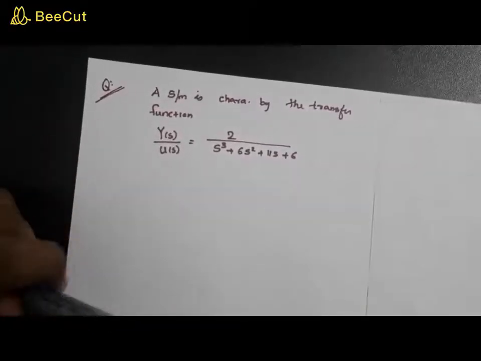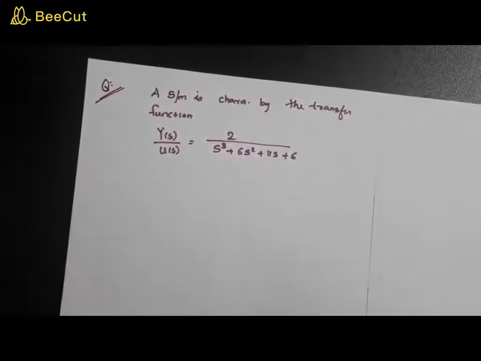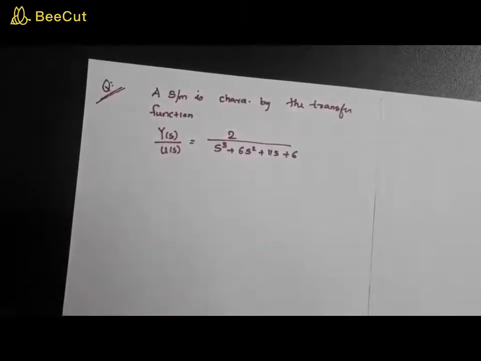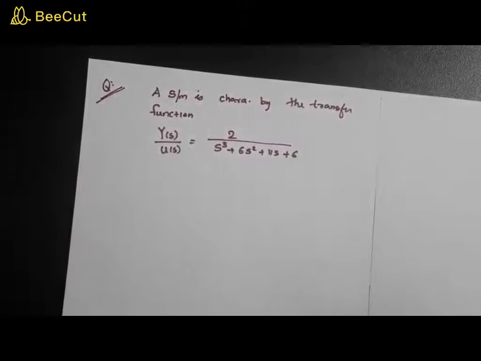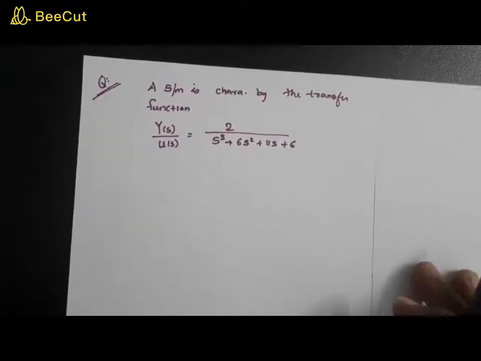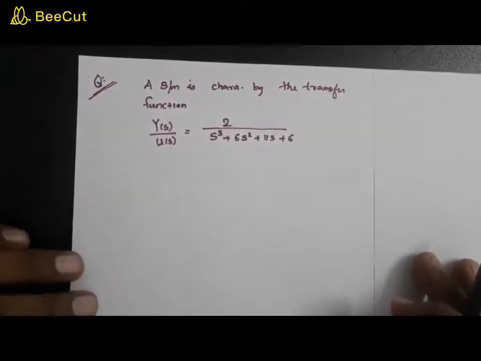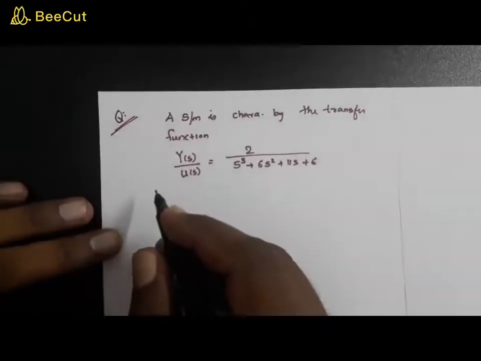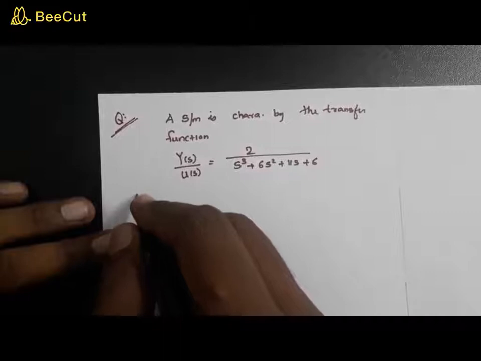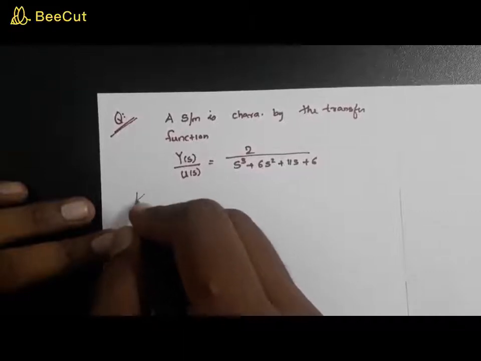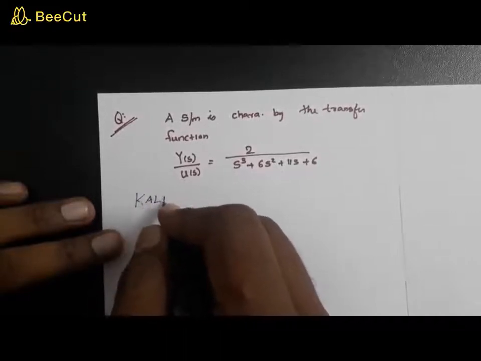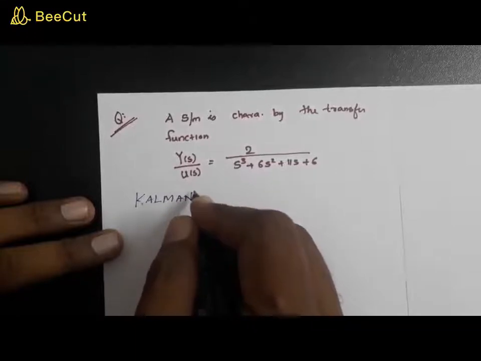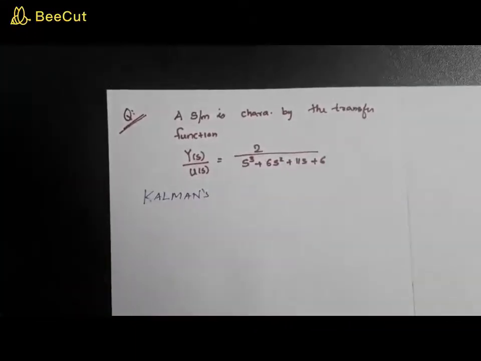Okay, so we are going to do problems based on controllability and observability of a system. We have already discussed the concept of controllability and observability, and we have a test called Kalman's test, which is the test that we do for checking controllability and observability.